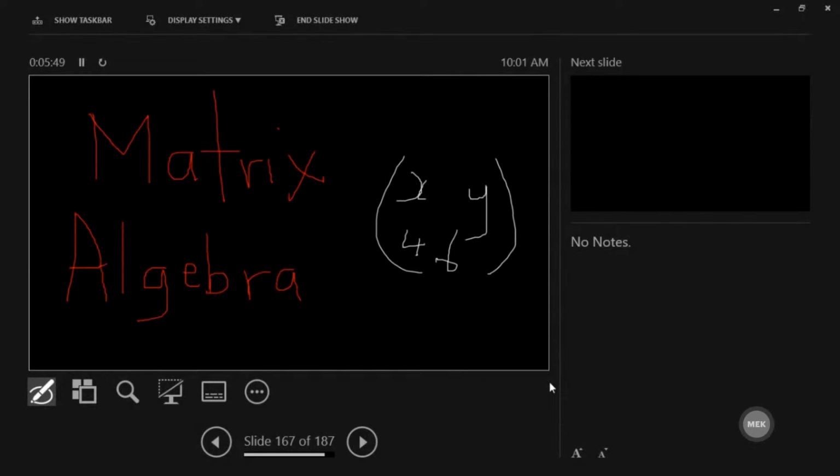And once you hear algebra, you know that it's going to involve variables. That's what algebra is all about, right? So you're going to see some X's and Y's and N's and A's and B's and whatever.